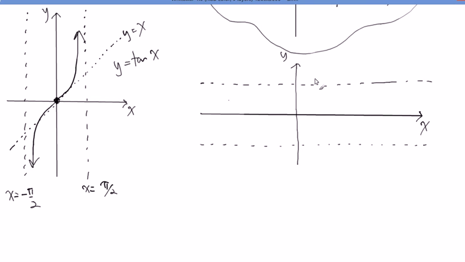So what is the coordinate of this line? Y equals what? Pi over 2. Yeah. The other one? Negative pi over 2. And what line are we going to sketch here? Y equals x, the reflection line. Think about the part that stayed above and below.